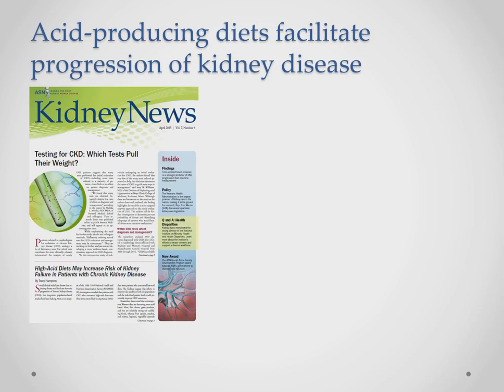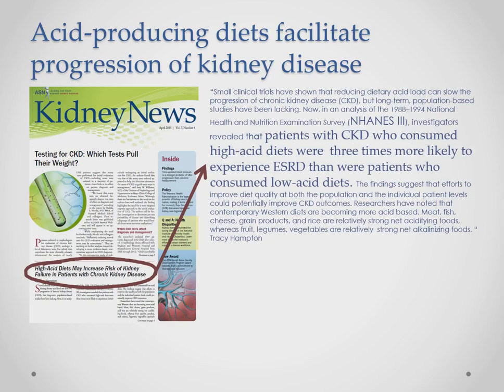Because acid-producing diets facilitate progression of kidney disease. And I have highlighted here a study that has been done right here in San Francisco by Niels Powe's group and has made headlines in kidney news recently. It was the last one in a series of cross-sectional, longitudinal epi studies and small clinical trials.